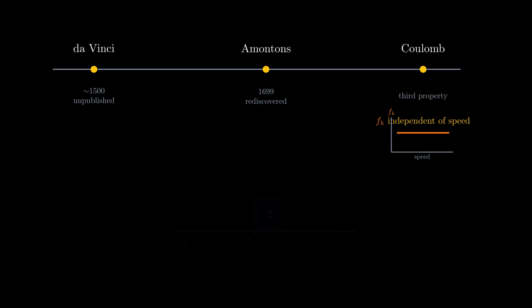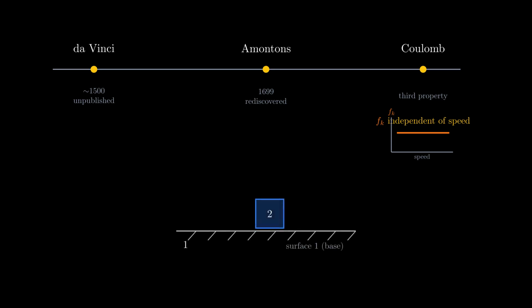Da Vinci never published. His results were rediscovered by Guillaume Amontons and printed in 1699. Later, Charles-Augustin Coulomb added a third property. For ordinary sliding speeds, kinetic friction does not depend on how fast the object moves.